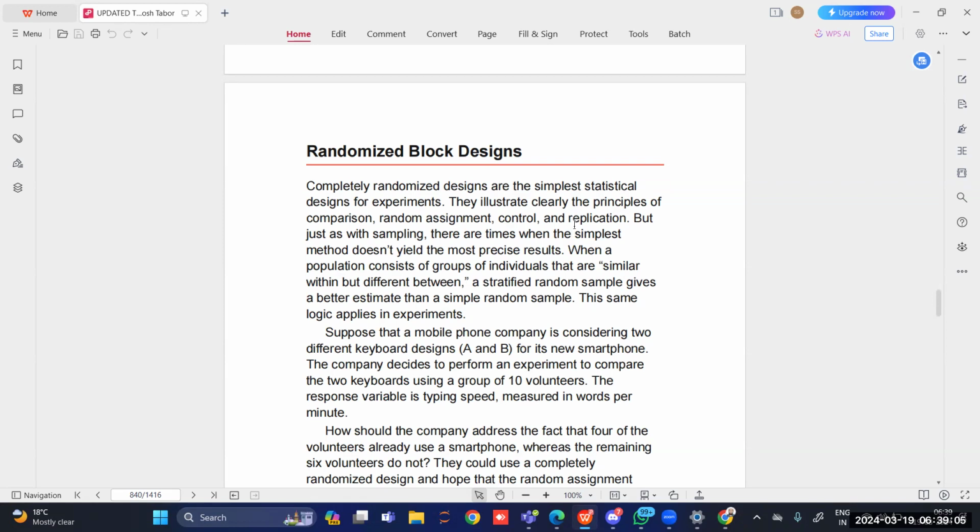That's called replication. But just as with sampling, there are times when the simplest method doesn't yield the most precise result. So this completely randomized design doesn't yield the most precise result when a population consists of groups of individuals that are similar within but different between.